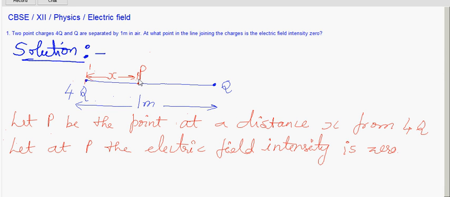Now this P lies at a distance x, so what is the value of x we need to calculate. If this is x, then the distance from P to q will be 1 minus x, because 1 meter is the total distance between q and 4q.